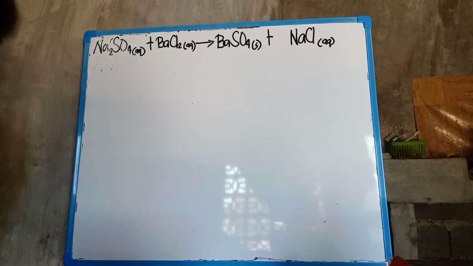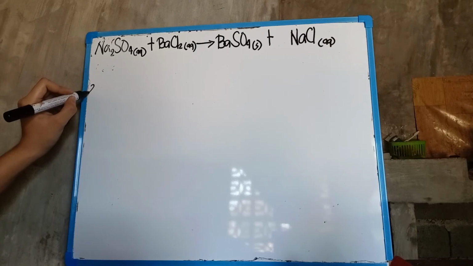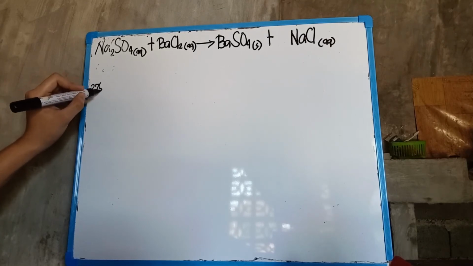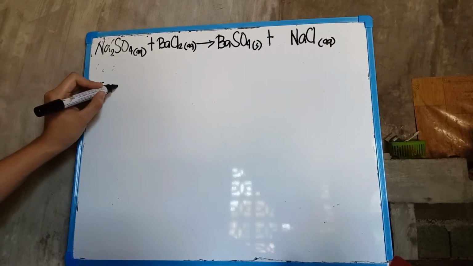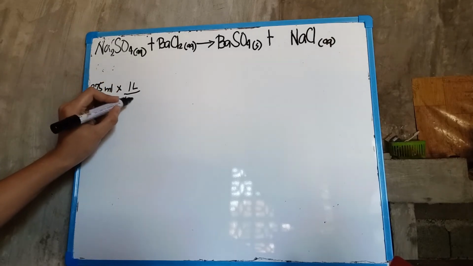Same process as example number 1 and example number 2. Since our volume is in mL, we need to convert that first. So let's write down 275 mL times 1 liter over 1000 mL.